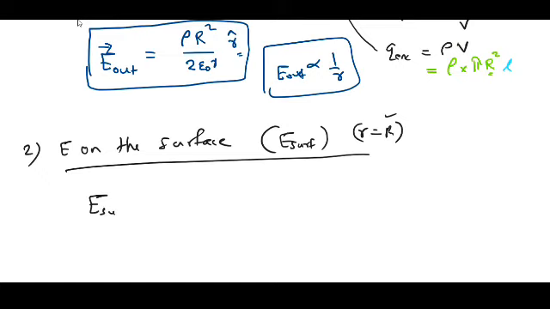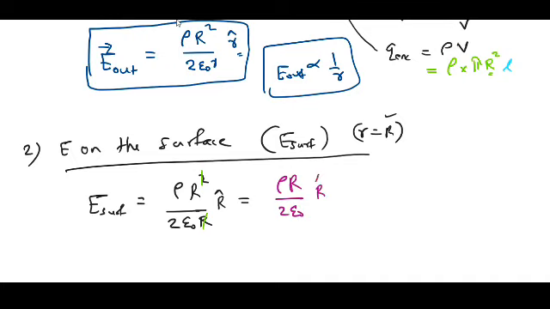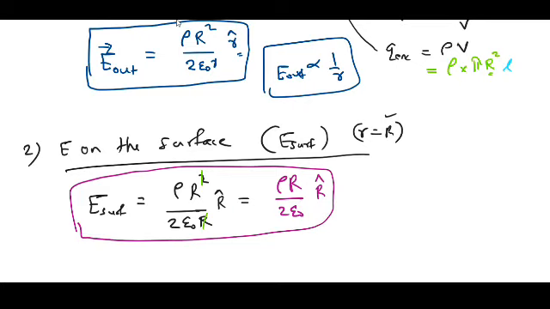Therefore, E on the surface is equal to rho R square divided by 2 epsilon 0, instead of small r substitute capital R, and this will be vector r cap. Here the R square and one R is cancelled. Therefore, the final expression is rho R divided by 2 epsilon 0 r cap. This is the expression for the electric field intensity on the surface.